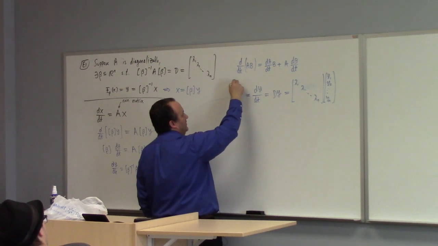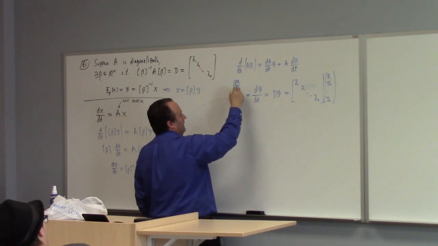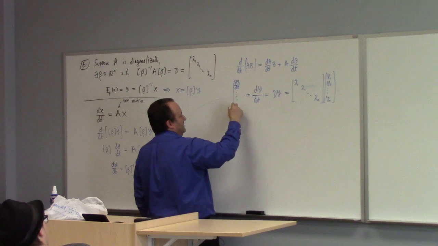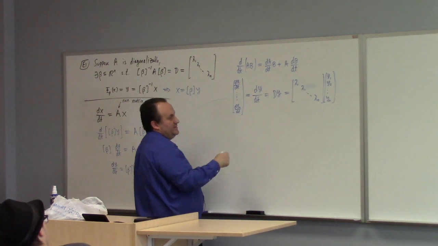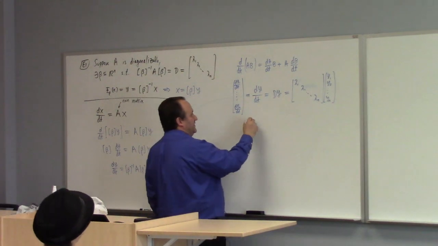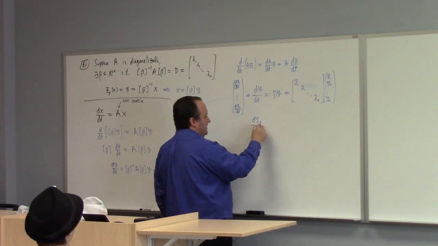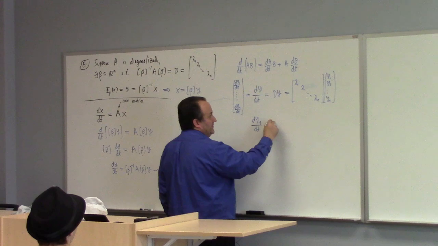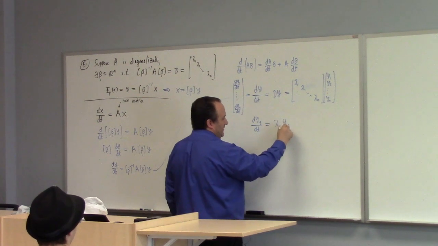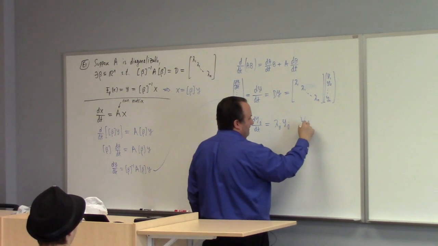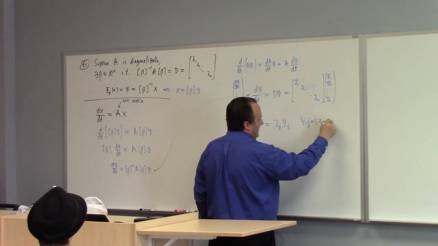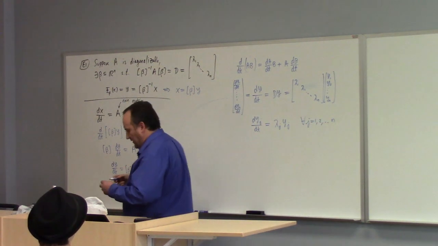All right, and what is the definition of dy dt, you guys think? It's dy1 dt, right? And so forth and so on, all the way down to dyn dt. So if you look at this, what do we have? We have the equation dyj dt is equal to lambda j yj for all j. Can you solve those?